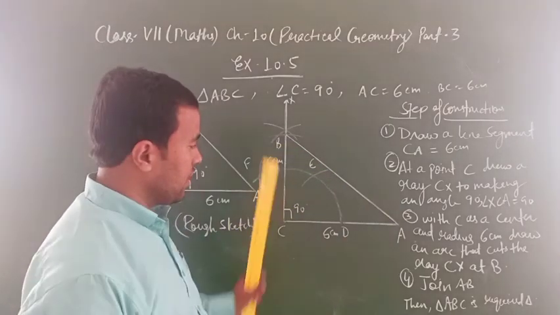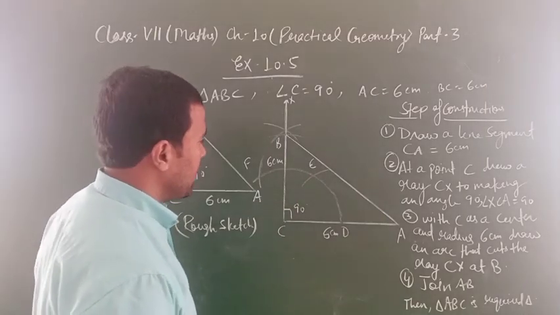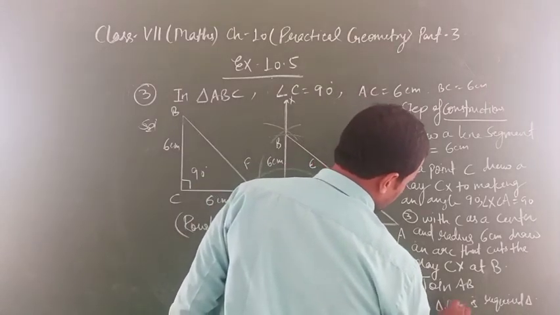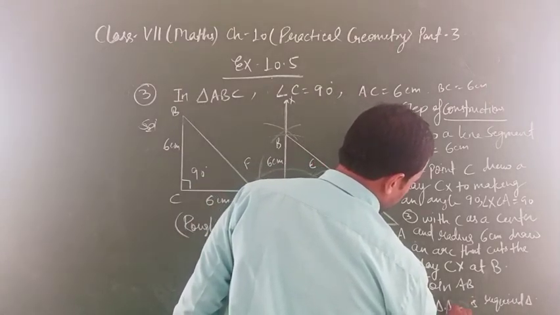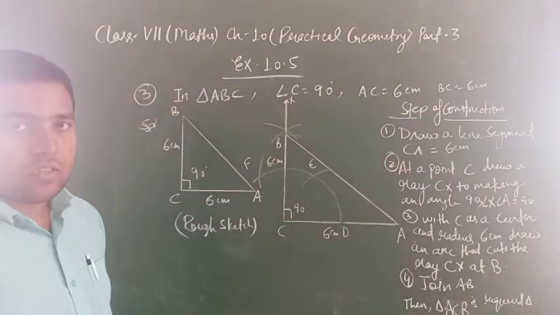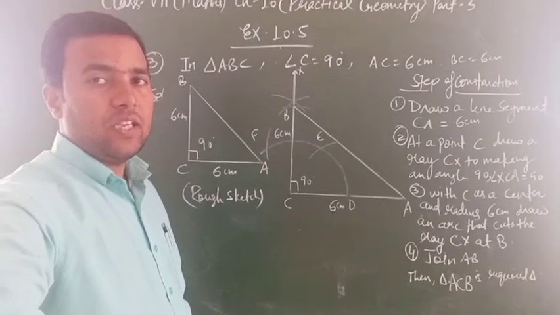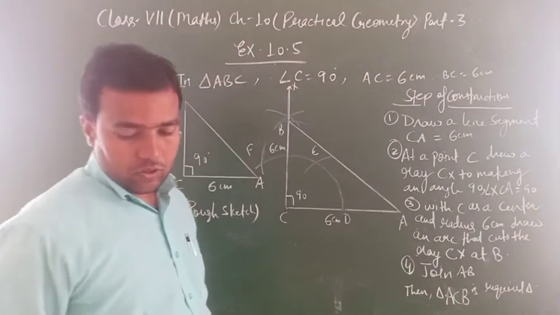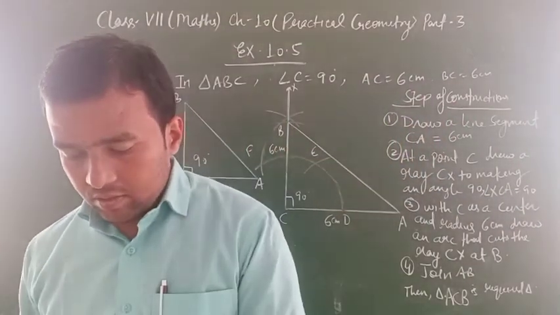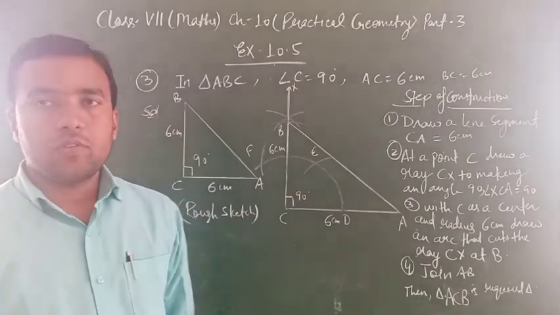Then we are getting triangle ACB, the required triangle. So students, this chapter is completed with this exercise. Clear? Okay, thank you.